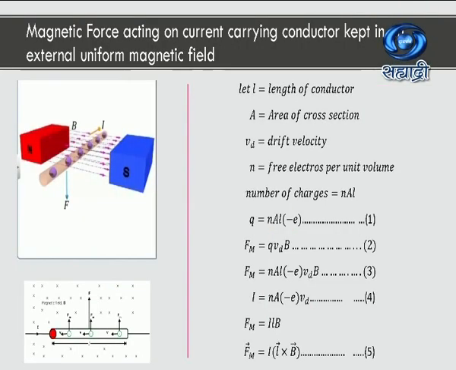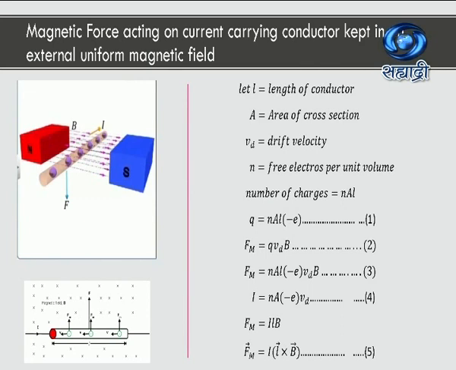Magnetic force acting on a current carrying conductor kept in an external uniform magnetic field. Remember, whatever we have studied in the previous two articles, that is, the force experienced by a charge moving with velocity in an external uniform magnetic field, F is equal to qV cross B. We were talking about only a charge, but in this article we have charges moving with certain velocity within a conductor.